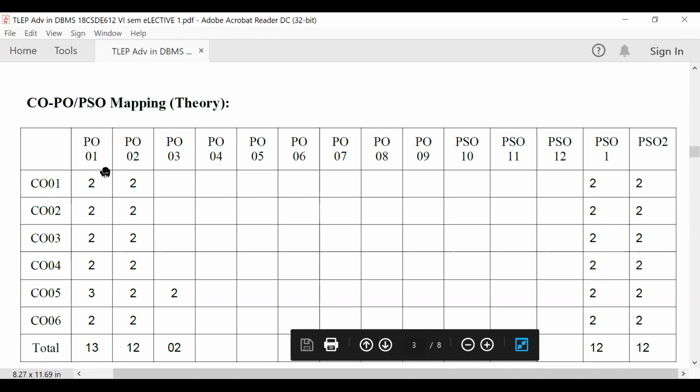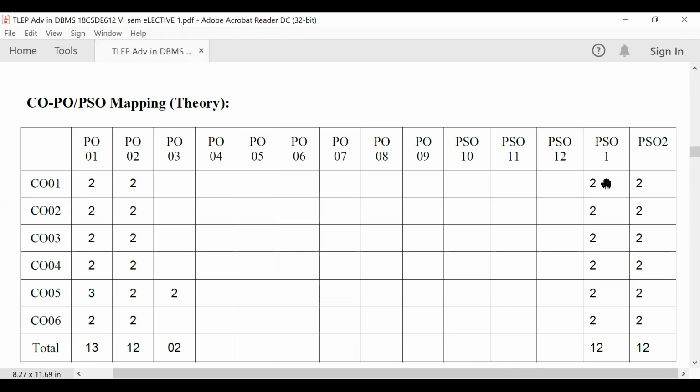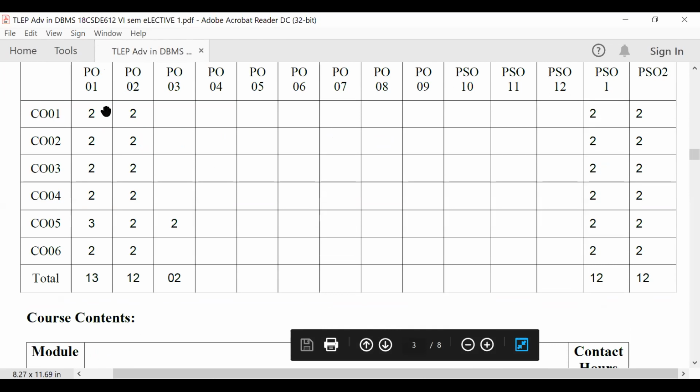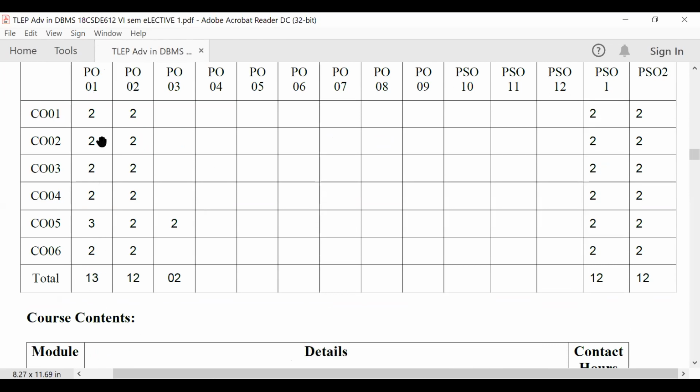is mapped. Your CO statements are mapped with the PO statements, and the two program specific outcomes are also covered at medium level. So by adding all the PO statements, we are getting the total PO. So while studying this subject, you are getting engineering knowledge 12 to 13%, and the second one, problem analysis, 12%.